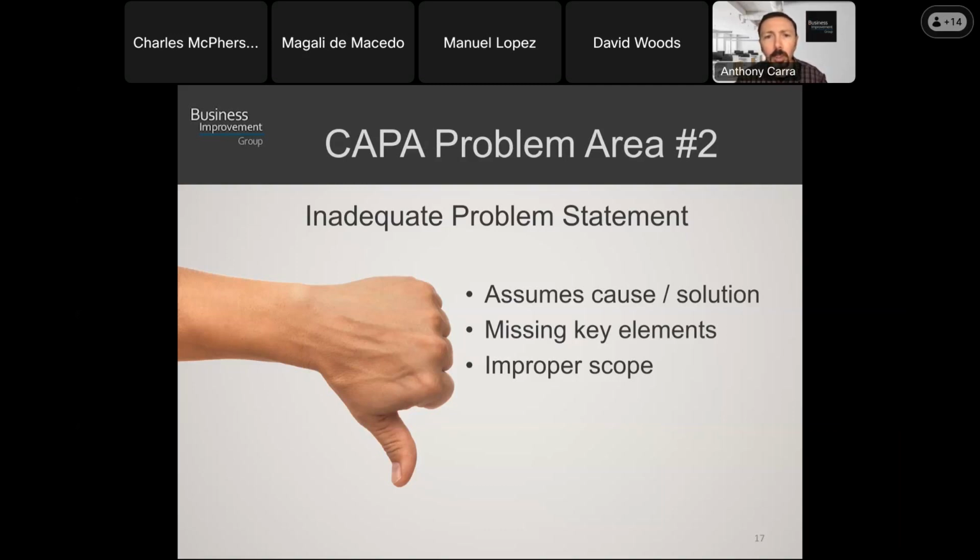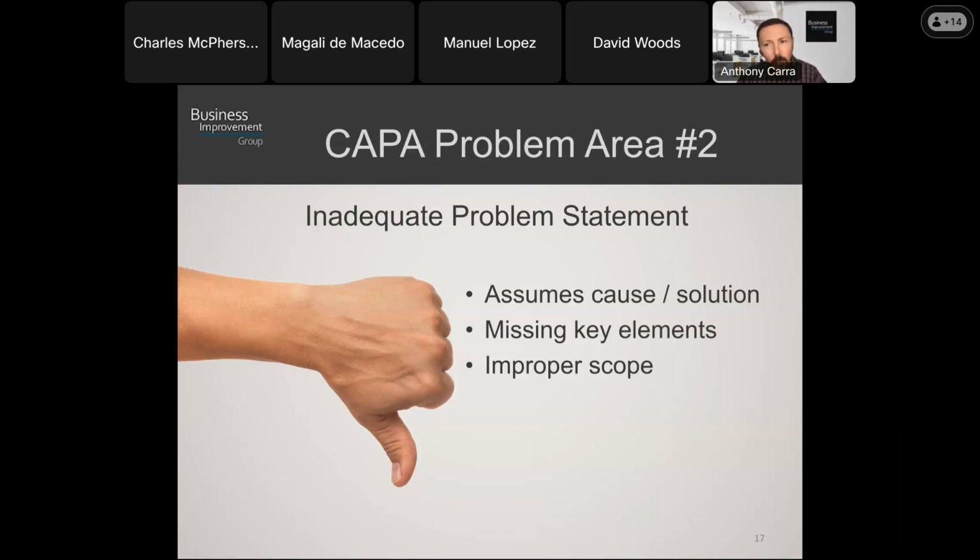So aside from that, what are some of the bad things that you may see in a problem statement? Going back to my simplified version of issue, cause, and solution, a problem statement should only be about the issue. It should only be about the non-conformity. I've seen some problem statements where we assume causality or we assume a solution already.